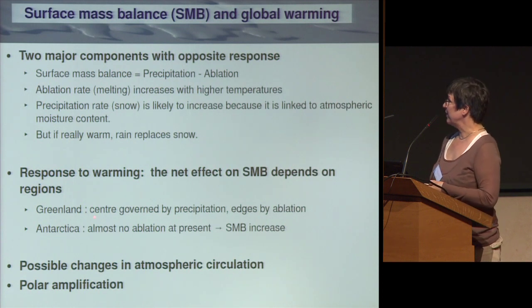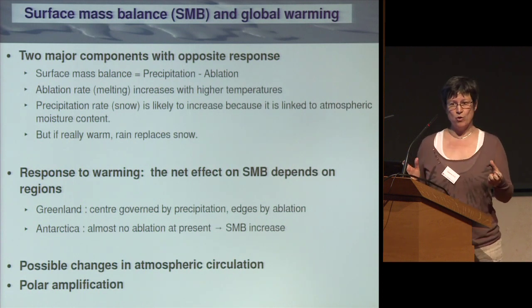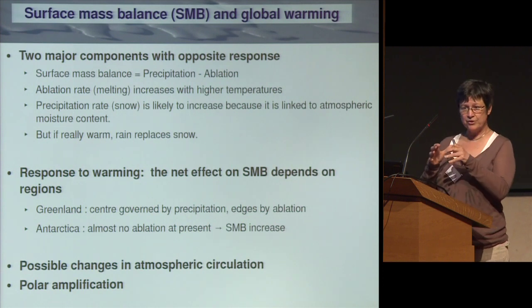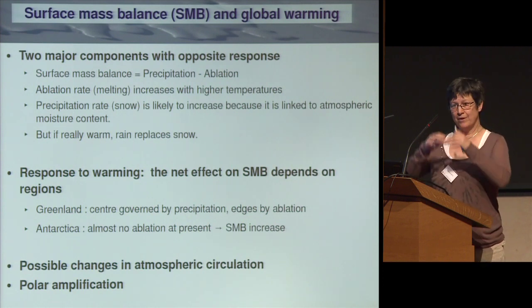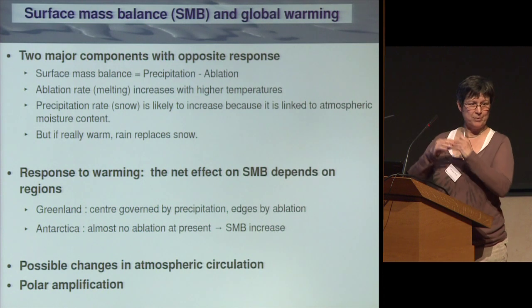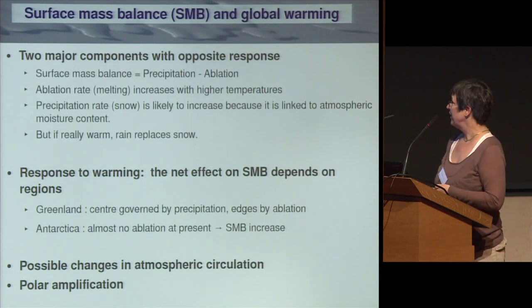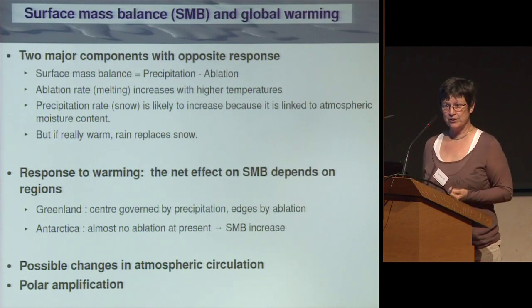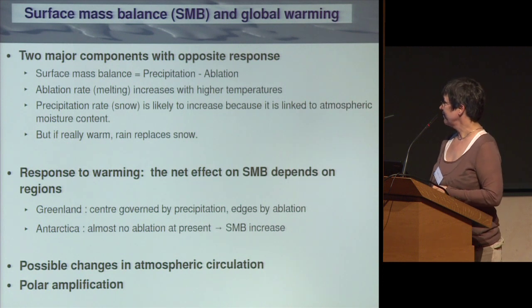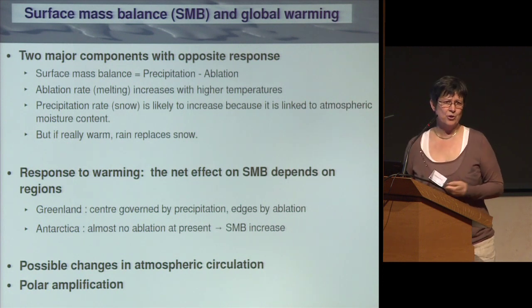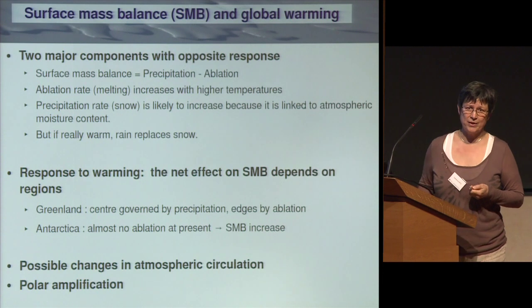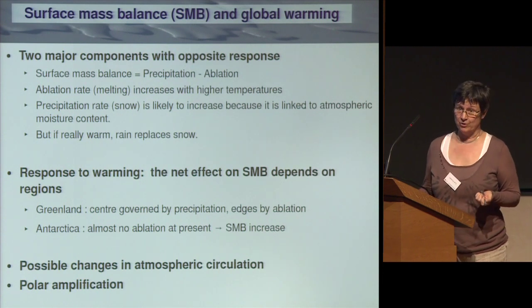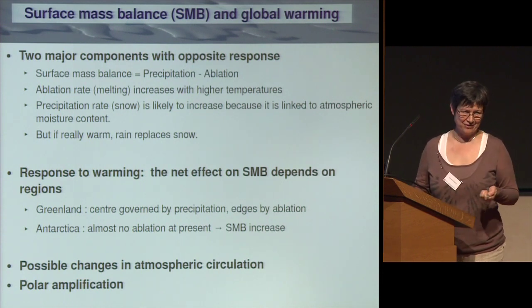So for Greenland, in case of warming, the central part is likely to grow a little bit because precipitation will increase, while the edges will be affected by ablation. In Antarctica, the coast is at about minus 10 degrees just now. So we are far from having ablation.